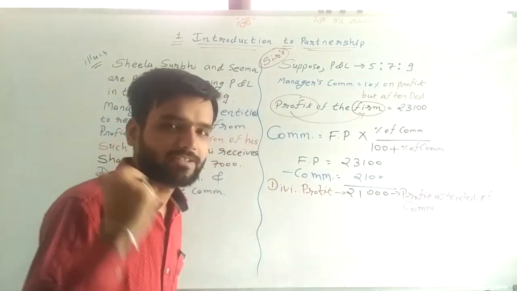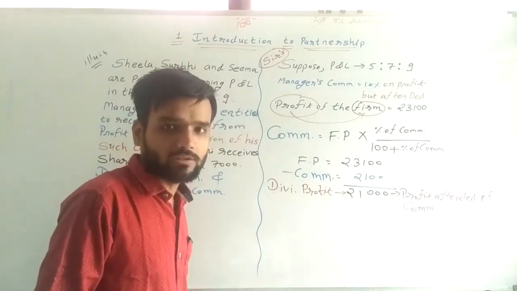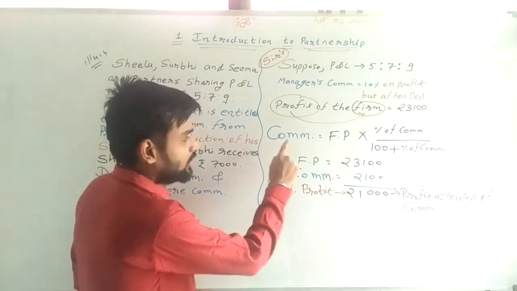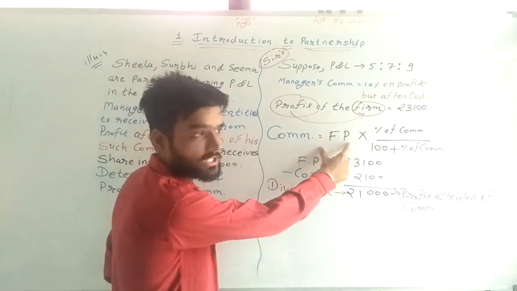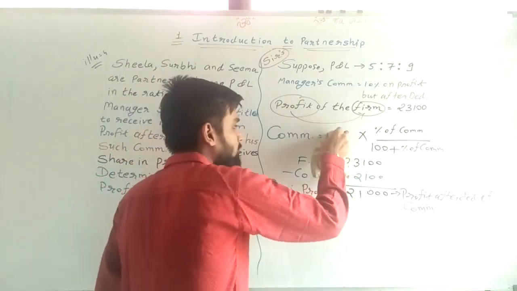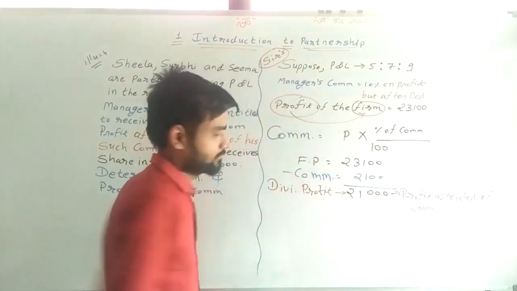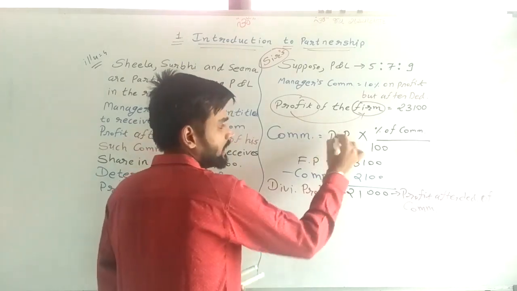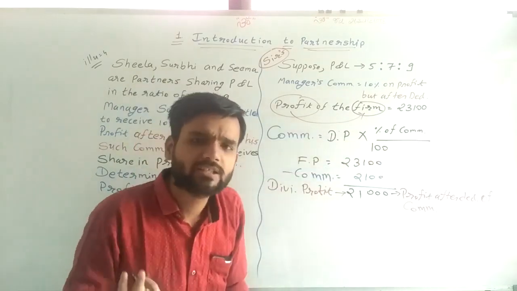Now we can cross-tally by using 21,000 and finding the commission with the second formula. If your firm profit is given, then we use the first formula. But if the divisible profit is given, then divisible profit into percentage of commission divided by 100 only.